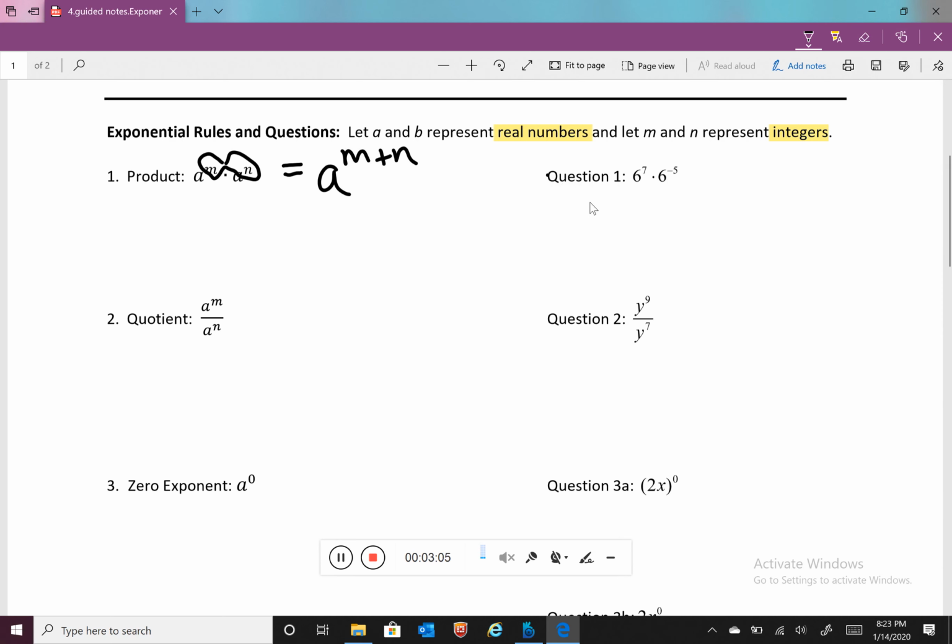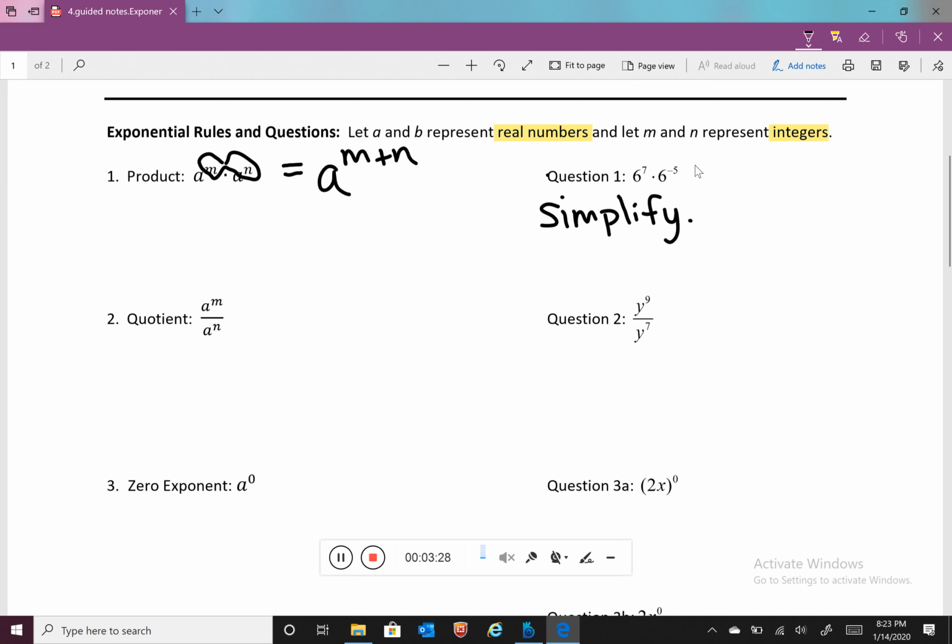For question number 1, I also want you to take this a step farther and make sure that you simplify this. This can go a little bit farther, and you're hopefully going to see why when you explore this. As always, if you have questions, make sure you let me know.